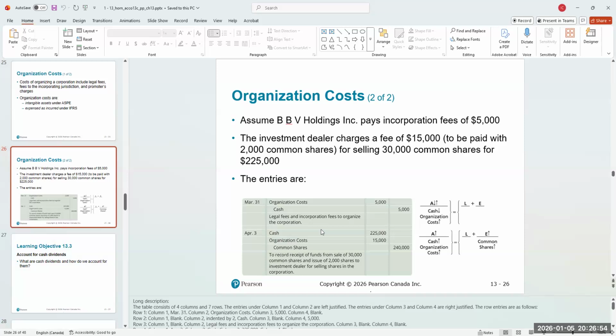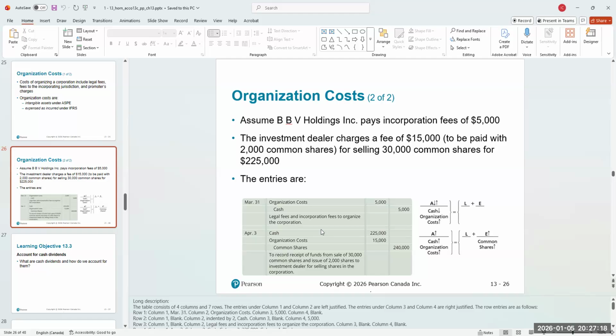Now, the organizational cost here, again, is an asset, as you can see here. The corporation pays a fee of $5,000. The investment dealer charges $15,000 to be paid with the common shares, selling 30,000 shares for $225. So what's going to happen? The company is going to get $225,000.